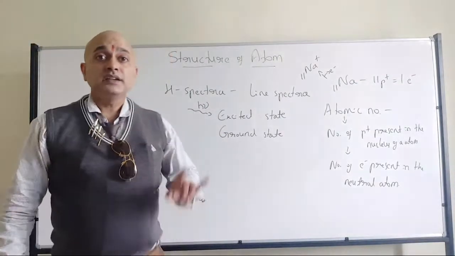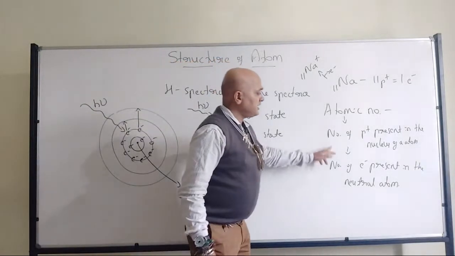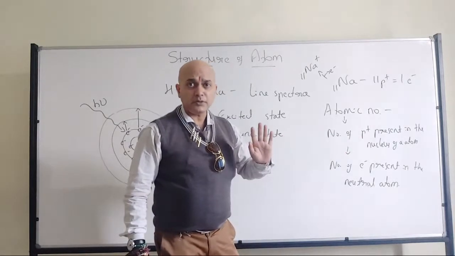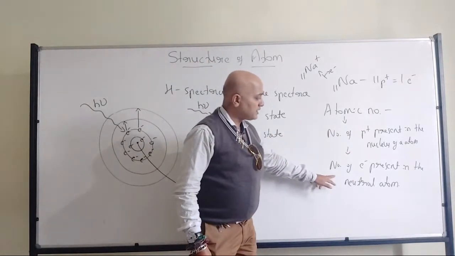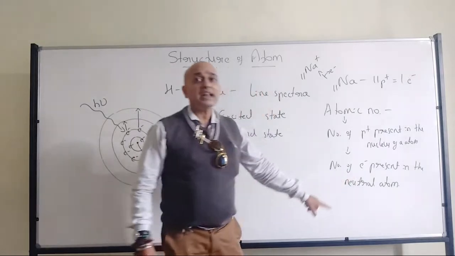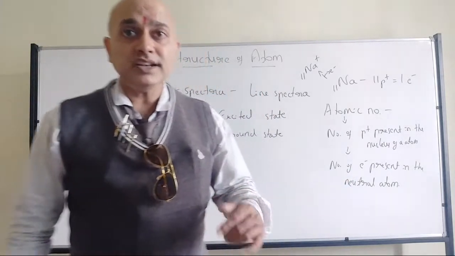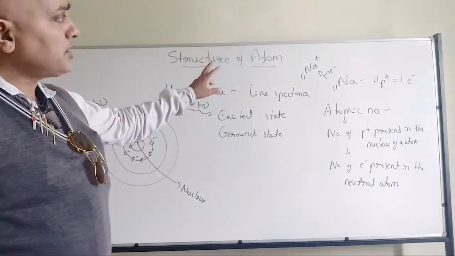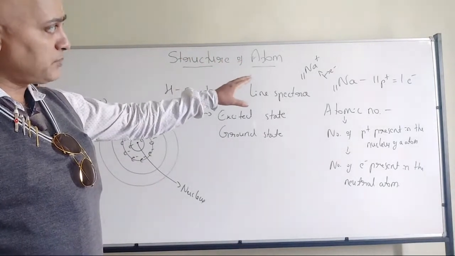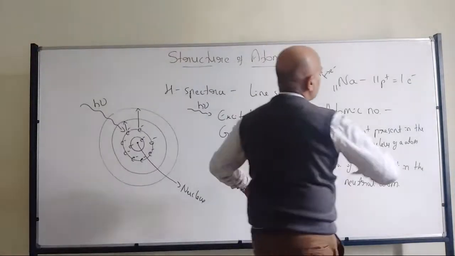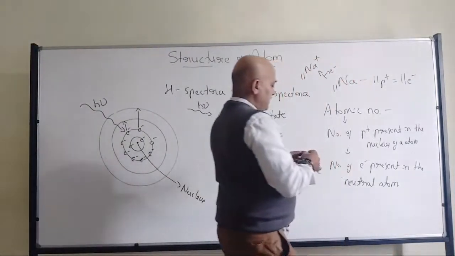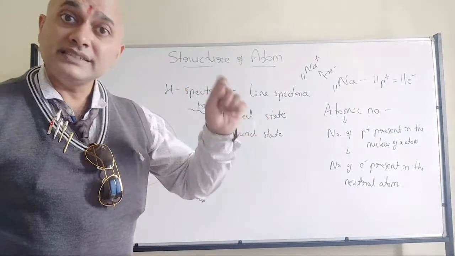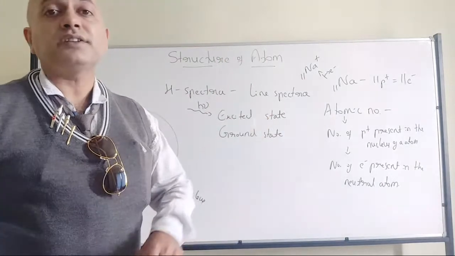Please remember: the definition is the number of protons present in the nucleus of an atom. But when I talk about electrons, I mention a neutral atom. Sodium has 11 protons and 11 electrons, no doubt. But the sodium ion has 11 protons and 10 electrons.